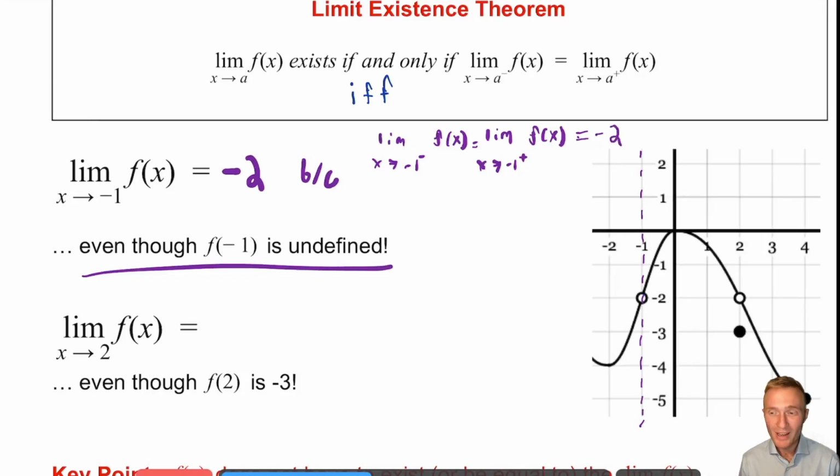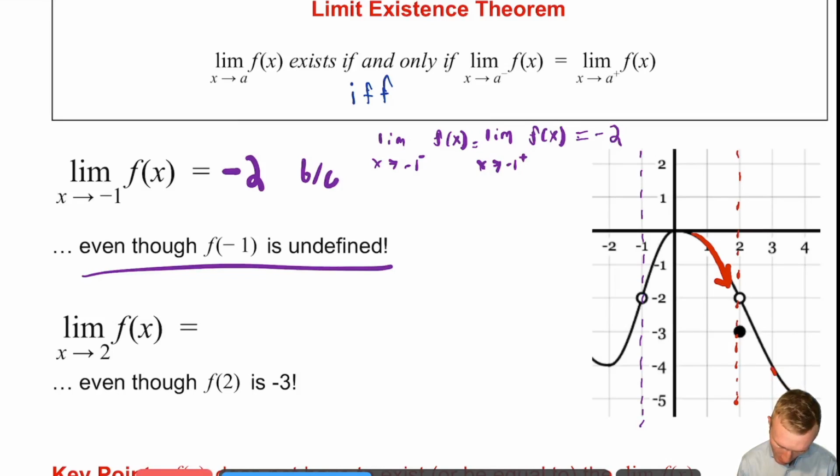Okay, so it also applies even if f of x is some different number. So let's look at this next one, the limit of f of x as x approaches positive 2. Draw my line down the paper. My limit from the left, I am getting closer to a y value of negative 2.